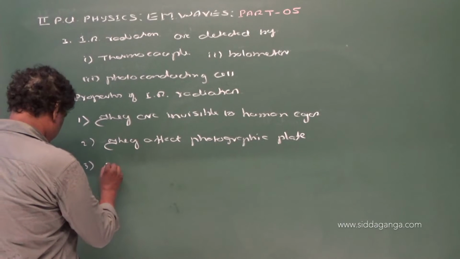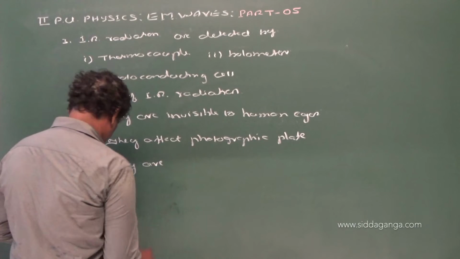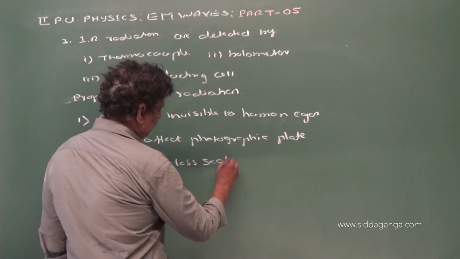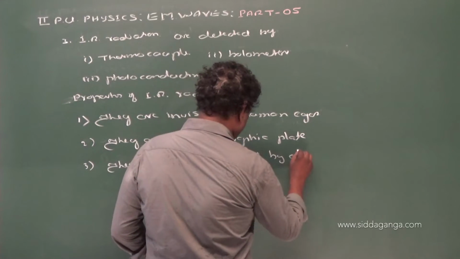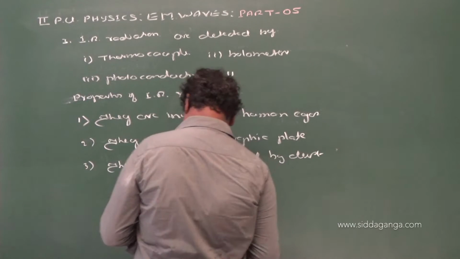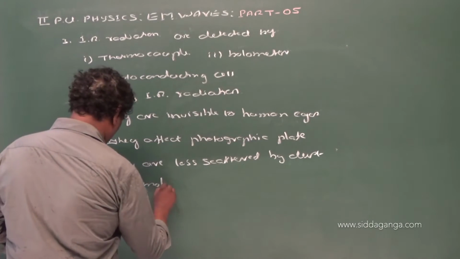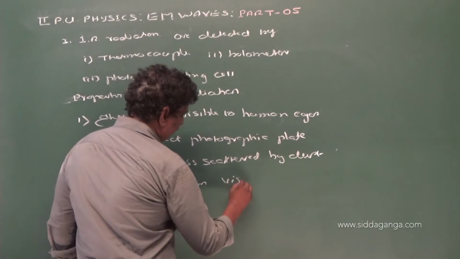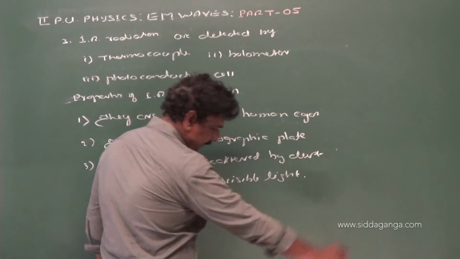Now the third one, they are less scattered by dust and smoke than visible light.